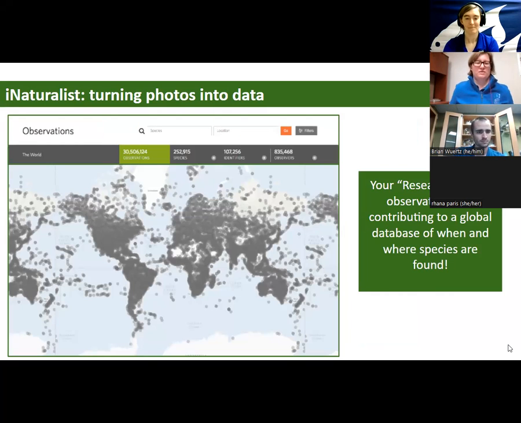Okay, so as we mentioned, iNaturalist is a global database of all of the things that you have observed. Once you upload a photo, it turns into a data point for scientists, and they can use that data to see species ranges. They're studying biodiversity and different things like that.